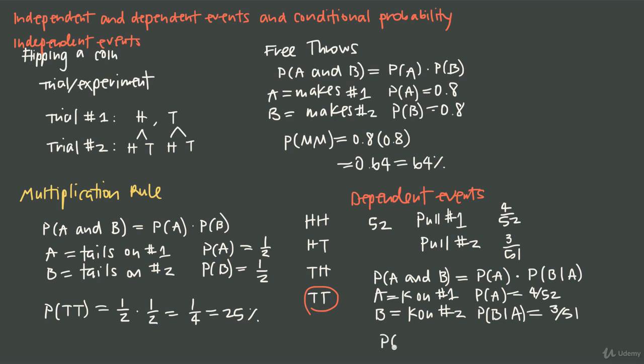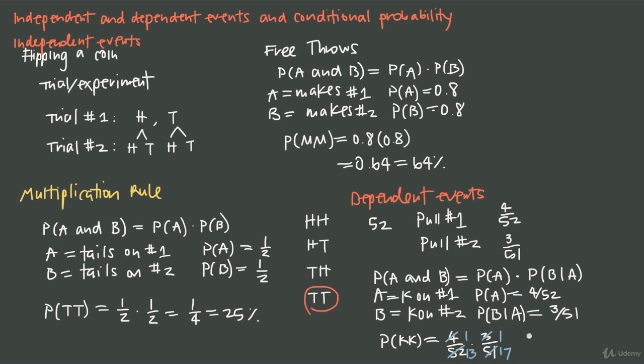Therefore, we can say the probability of king and king back to back is 4 over 52, the probability of event A, multiplied by the probability of B given A, or 3 over 51. We can actually reduce these fractions to lowest terms. 4 over 52 is the same as 1 over 13, and 3 over 51 is the same as 1 over 17.